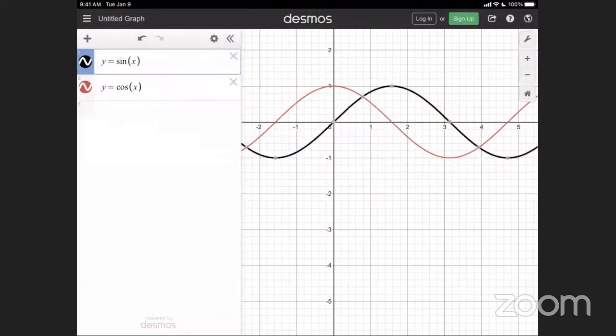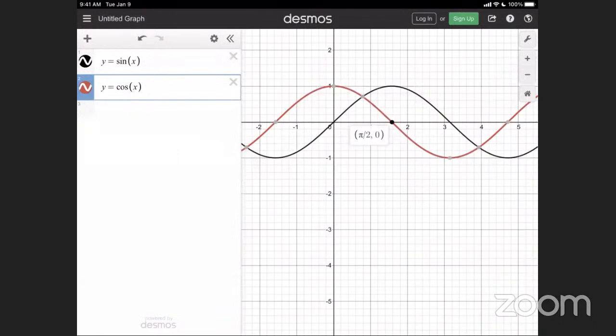This black graph is my y function, y equals sine of x. The derivative of sine of x is cosine of x, which is this red function. One of the main reasons we want to find derivatives is because solving the derivative for 0, finding out where the x-intercepts of the derivative are, helps us know where the max and min points of the original function are.